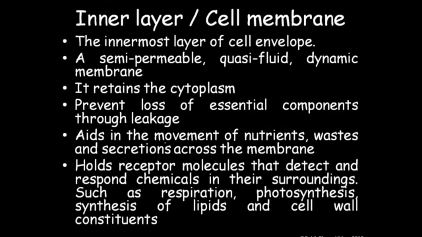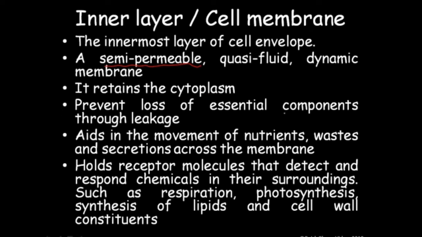The innermost layer of the cell envelope is the cell membrane. It is semi-permeable. It allows certain material to pass through it, and certain material it blocks. It is a quasi-fluid and dynamic membrane. So semi-permeable, that's very important. It retains the cytoplasm. The inner liquid is retained by this inner layer.